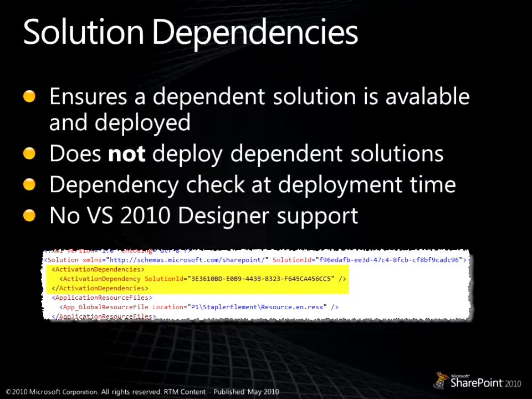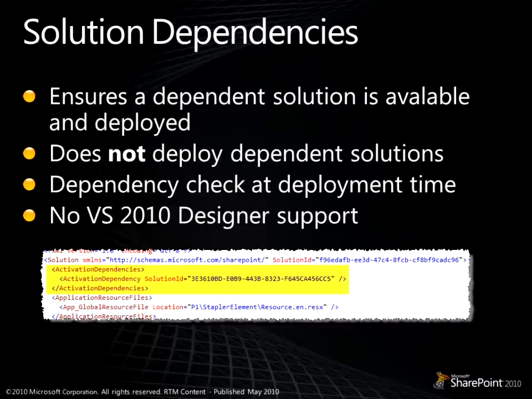We've mentioned the solution dependencies already a few times, and they are defined in the manifest XML. When a solution is activated, and if the dependent solution is not, you will get a message stating that the solution cannot be activated due to this dependency. Quite often already in 2007, customizations were deployed using multiple solution packages, which actually had dependencies.